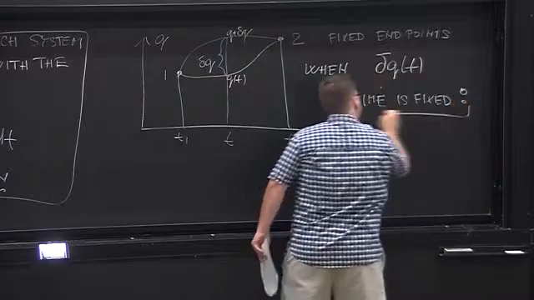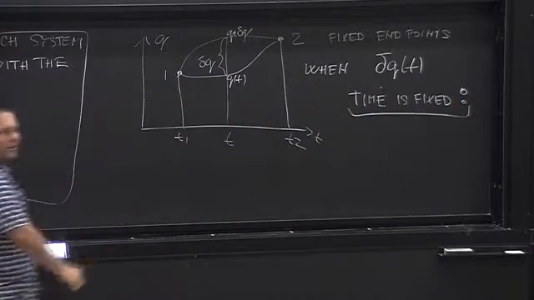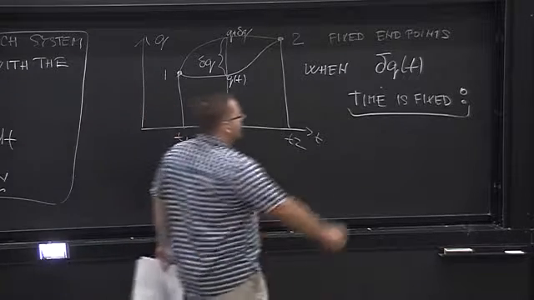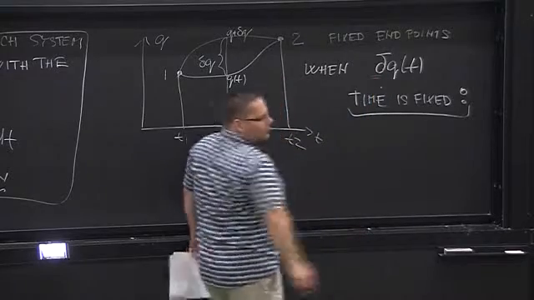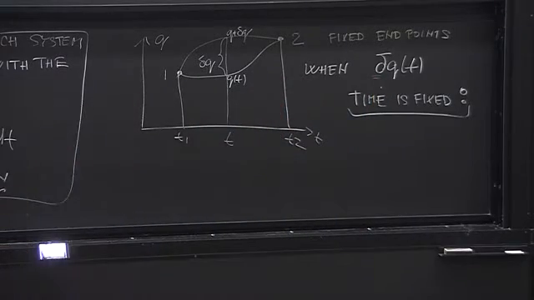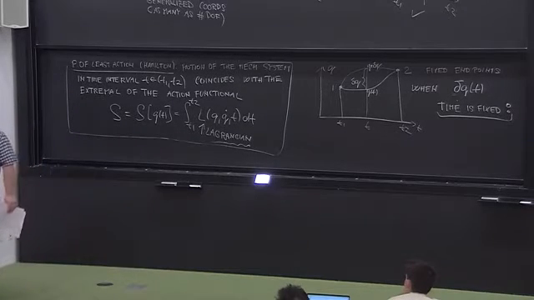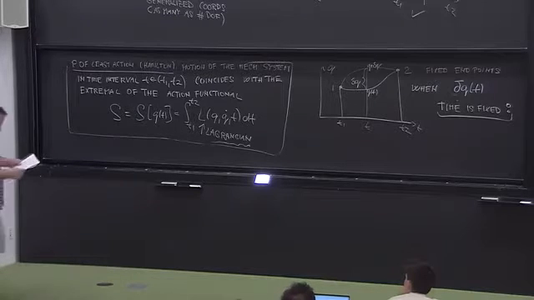Why I'm stressing this is that when you are deriving conserved quantities using Noether's theorem, which we will discuss in a minute, this is no longer true. You don't fix time there. Only when you derive the equations of motion do you consider this variation delta. So to distinguish the two, for the equations of motion I just write delta, and for the conserved quantities I'll write delta tilde, and they are different variations.